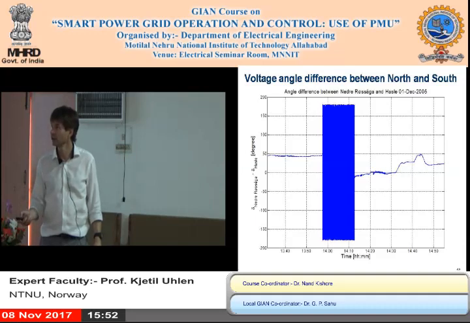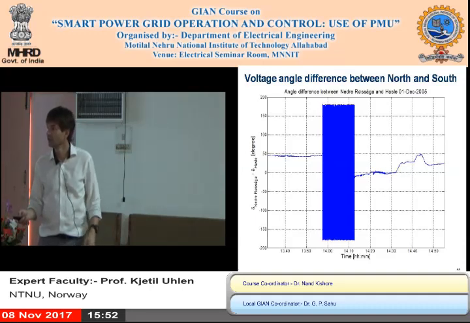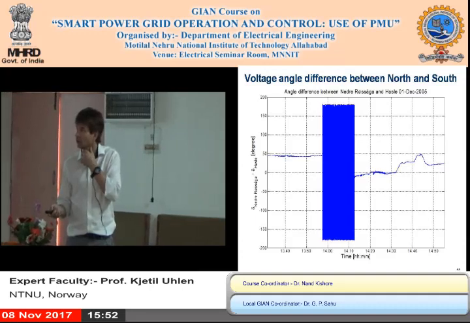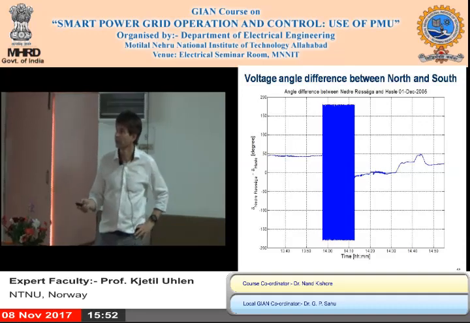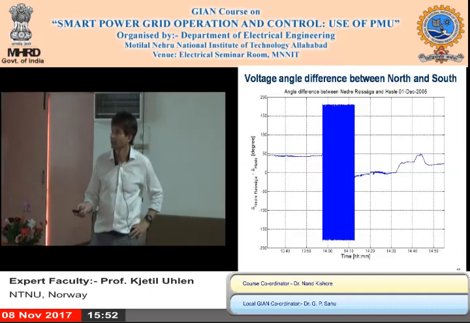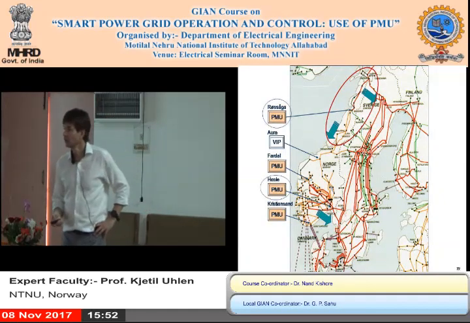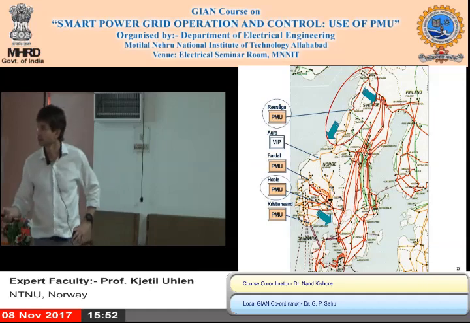These are the voltage angle differences. So clearly this part of the grid was separated from the rest of the system. And what happens then if there is a surplus of power here and a deficit of power in the rest of the system? That's interesting.